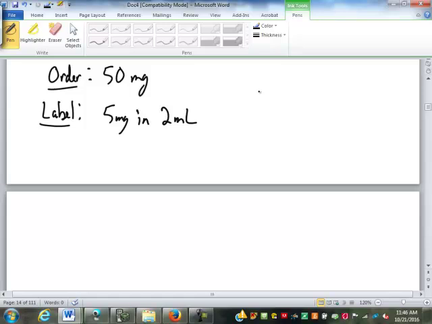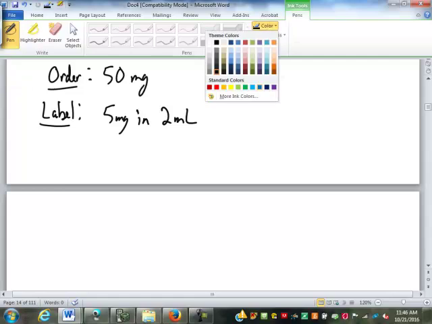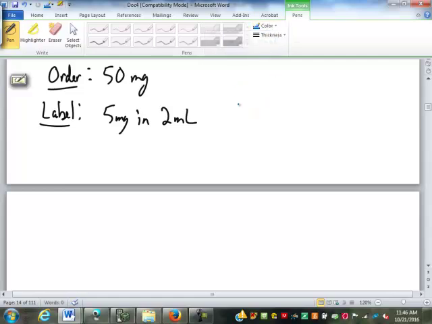Often the label will say the medication is constituted to 5 milligrams and 2 milliliters. So anyway, what is D here? My desired dose. 50 is what the doctor orders. So it's 50 milligrams.